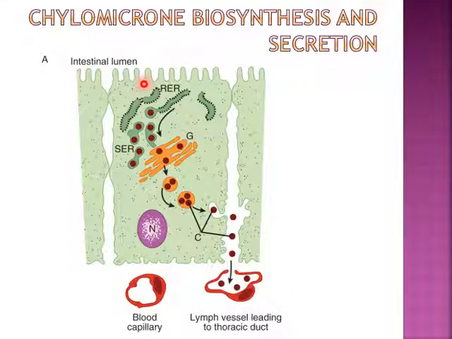Proteins are synthesized in the rough endoplasmic reticulum, and then they are transported into the Golgi apparatus, and then they are secreted out into the lymph vessel. In the smooth endoplasmic reticulum and in the Golgi apparatus, the lipids are mixed with proteins, and they are packaged into the chylomicrons. So they enter the lymph vessel after they are mature.